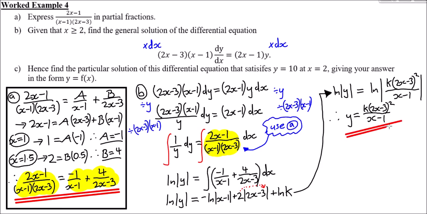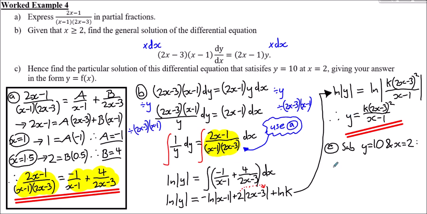For k, we now need to find the particular solution. So we need the boundary conditions. So now what I'm going to do is sub in y is 10 when x is 2 into the above.